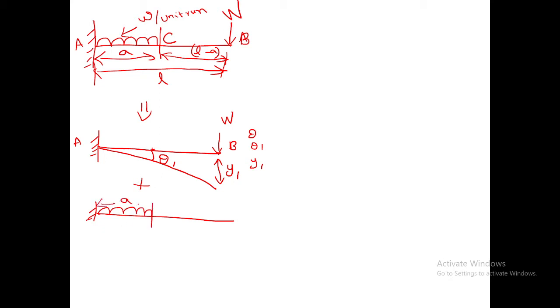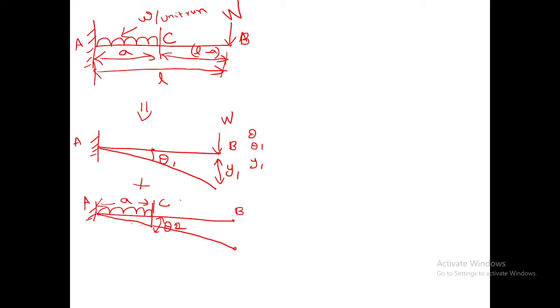Here we have the B point, C point, and A point. For the distributed load up to point A, the slope is only theta 2.